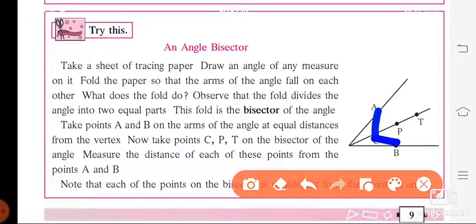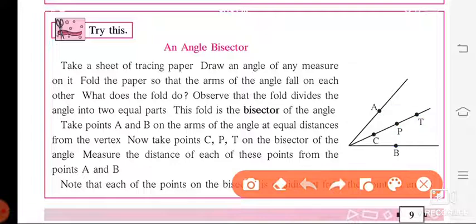Next, distance PA will be equal to PB. And lastly, distance TA will be equal to distance TB.